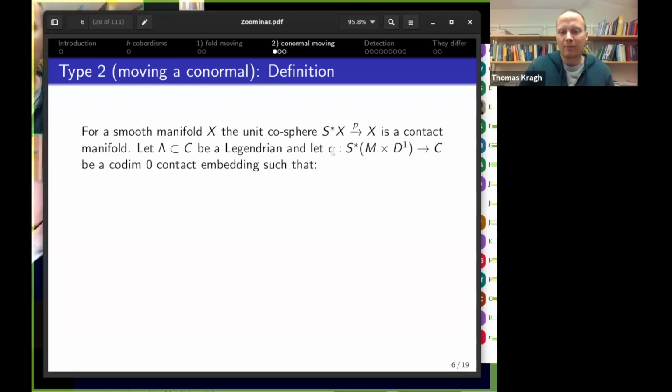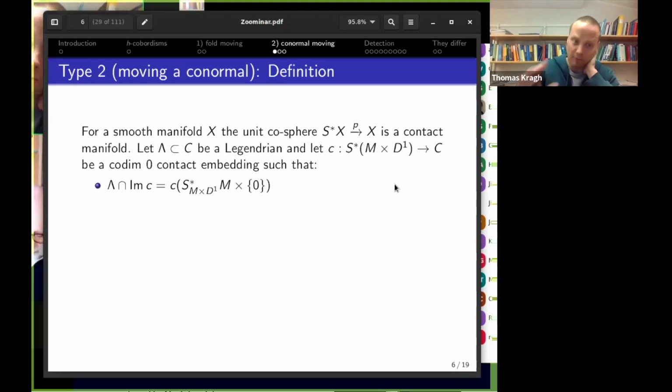Then we assume we have some sort of chart, in some sense, embedding the co-unit sphere of some M cross D1 into our contact manifold, of codimension 0. So it's really just charting part of it, identifying a part of it with this conormal of M cross D1.